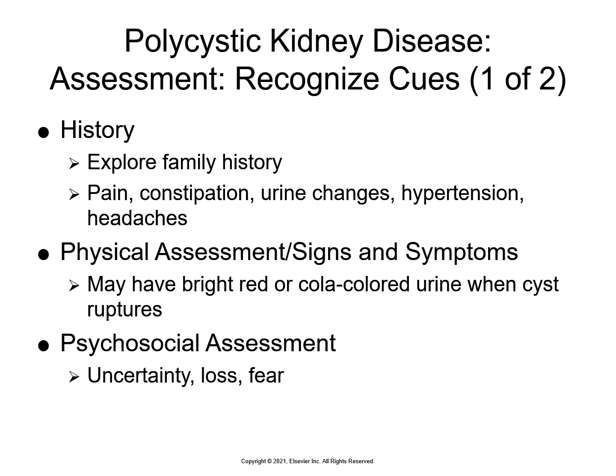You want to know, if possible, the age at which the problem was diagnosed in their parent. Sometimes the first thing they have is that pain. They may have flank pain, or they may have a kidney stone.